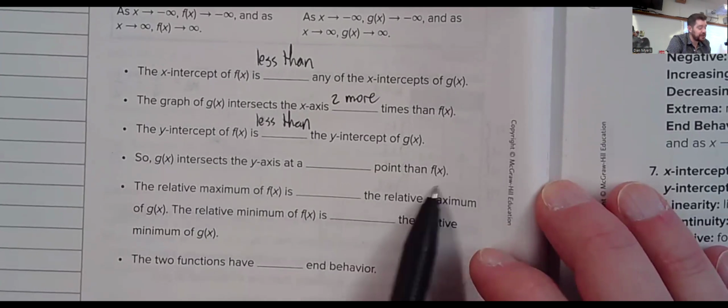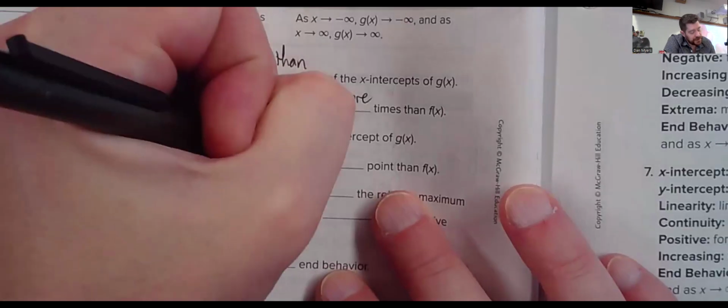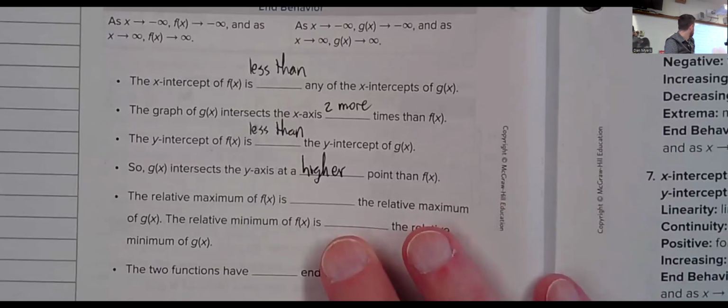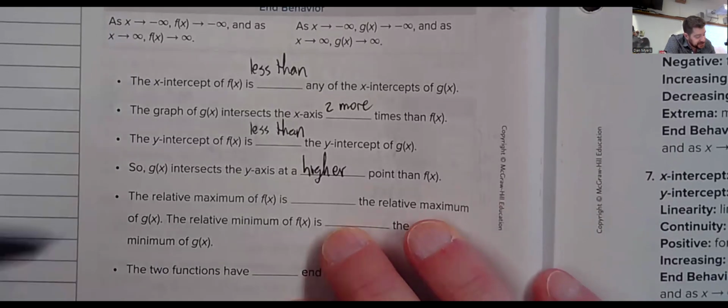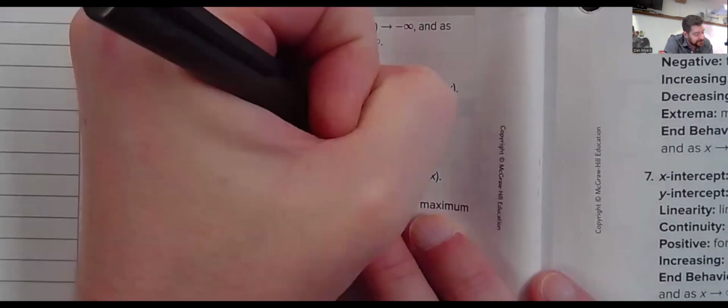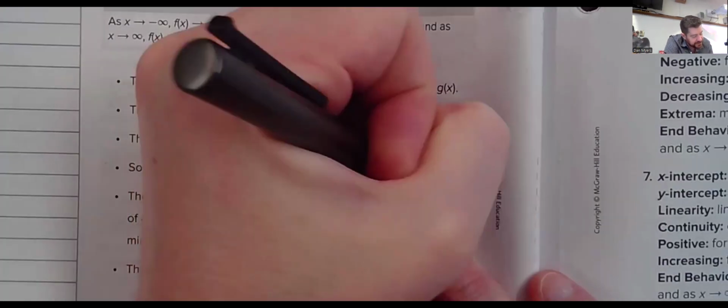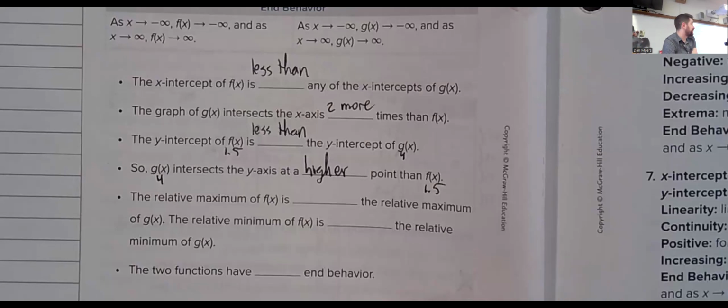Higher, yeah, 4 is higher than 1.5. By the way, if you want to put the numbers in here, you're welcome to do that. If you want to say the y-intercept of f of x, you just do 1.5 right there. You could say 4 for g of x there. You could say 4 for g of x here and 1.5 for f of x there. Just to give yourself a reminder of the numbers, might make it a little bit easier.